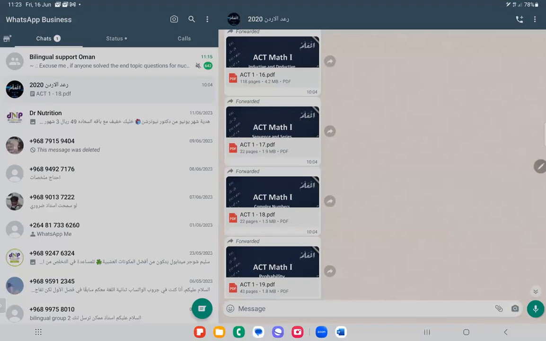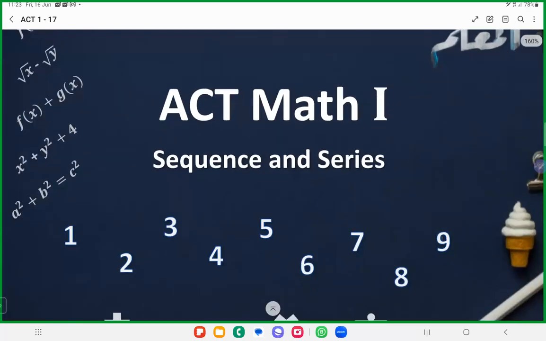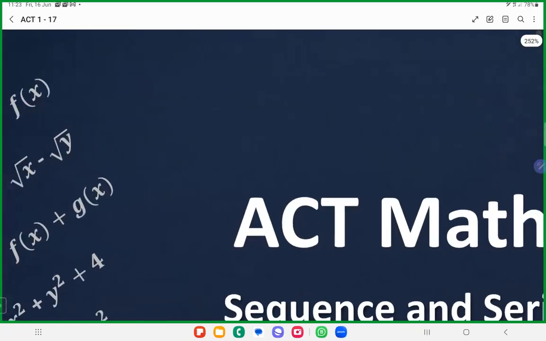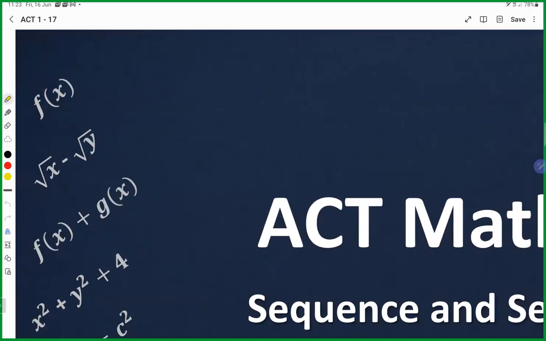Chapter 17, which is sequence and series, and an easy way. The main thing in this chapter, a sequence means a pattern, and for this pattern I can give a justification. Is it increasing, decreasing, doubling up, or decreasing by a factor?